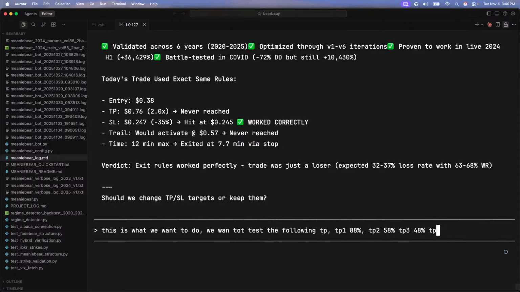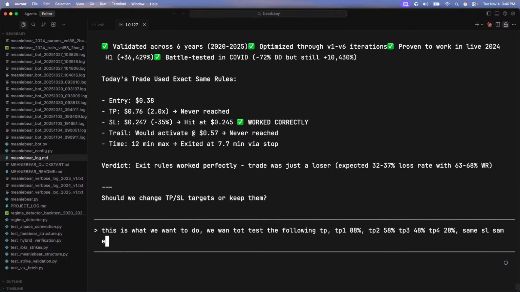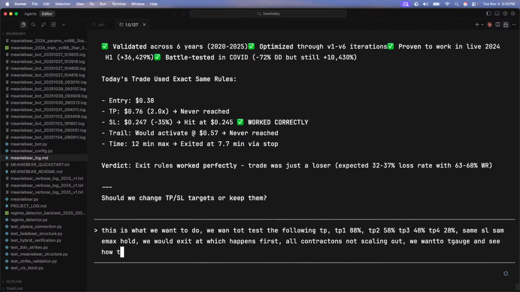Then TP4, 28%. Same SL, same max hold. We would exit at whichever happens first, full, all contracts, not scaling out. We want to gauge how well this performs compared to having just the one TP of 100%.